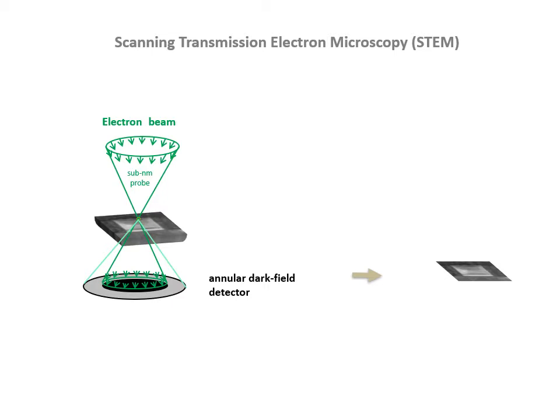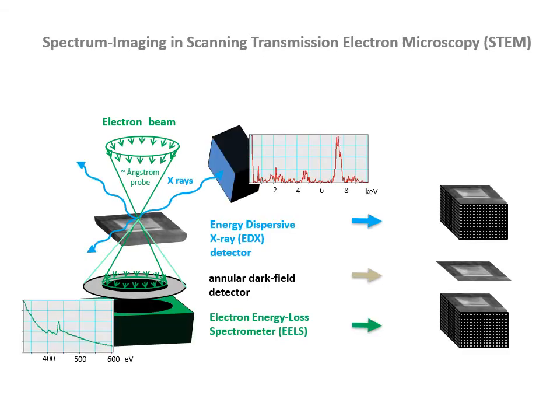And that makes a STEM image. But we can also attach an electron energy loss spectrometer, EELS, at the bottom, and an energy dispersive X-ray detector, EDX, at the side. And that would turn our STEM image into a spectrum image, where each pixel is equipped with a spectrum.